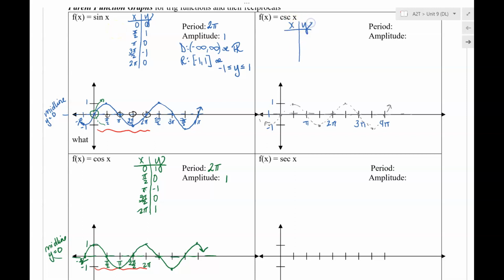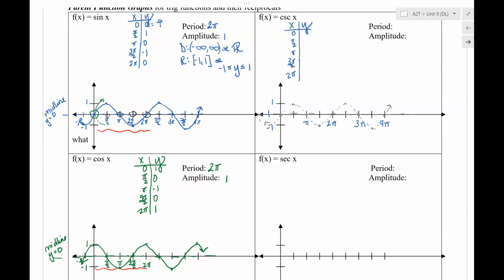So then the points for cosecant, remember, it is the reciprocal of sine. We're still going to go 0, pi over 2, pi, 3 pi over 2, and 2 pi for our x's. But if we look back at sine, the coordinate is (0, 0). Okay, so for y, it's technically 0 over 1. What's the reciprocal of that? 1 over 0.